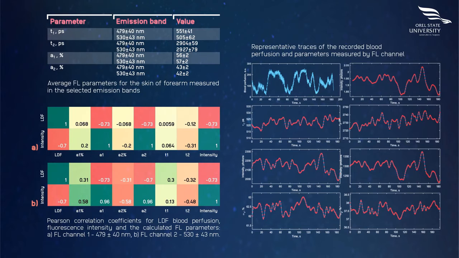The intensity of fluorescence demonstrated a high degree of correlation with the blood perfusion intensity, but the lifetime of the first and the second components and the relative fractions in the total fluorescence have shown a minor degree of linear relationship with laser Doppler flowmetry data.